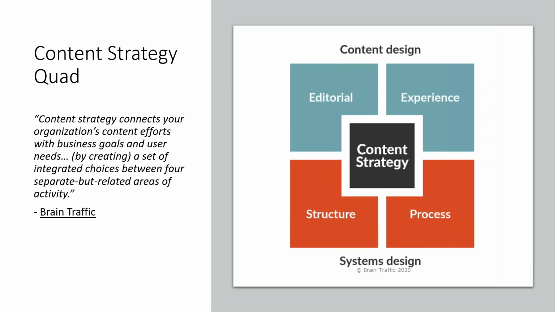Although each quadrant stands alone, they all impact each other. The decisions that you make in one will have a significant impact everywhere else. So make sure that when you're working with one of the elements of the quad, you always keep in mind all the other elements in the back of your plan. So with all of that in mind, let's take a closer look at each component.